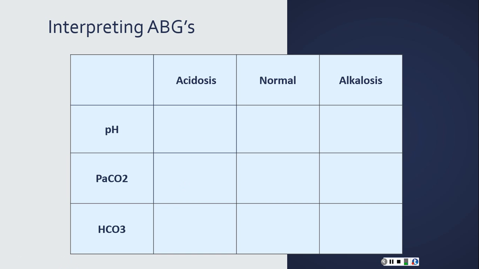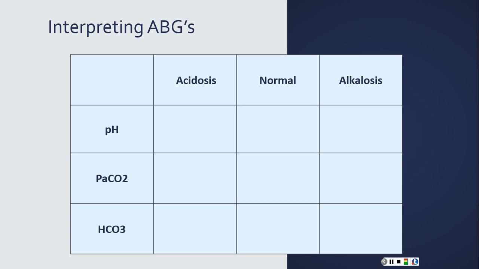The respiratory. The respiratory system, CO2, is lined up with the pH. So we have a respiratory problem. So we know we've got respiratory acidosis. We know that 100%. The CO2 is causing the pH to be abnormal. That's what we know.